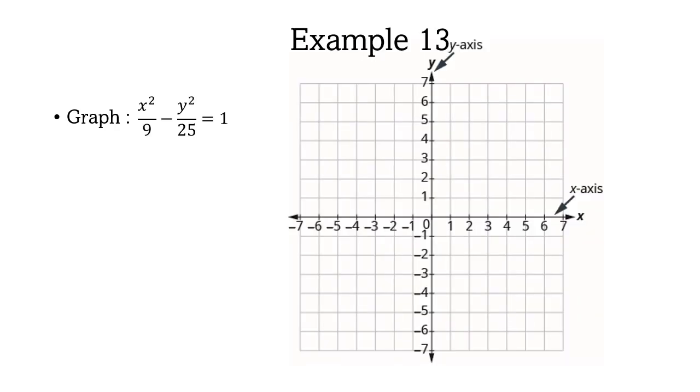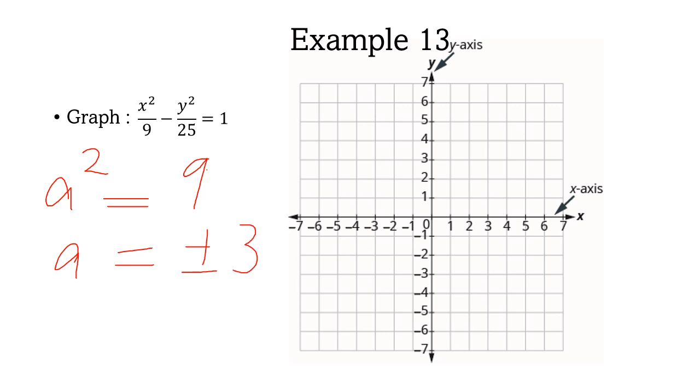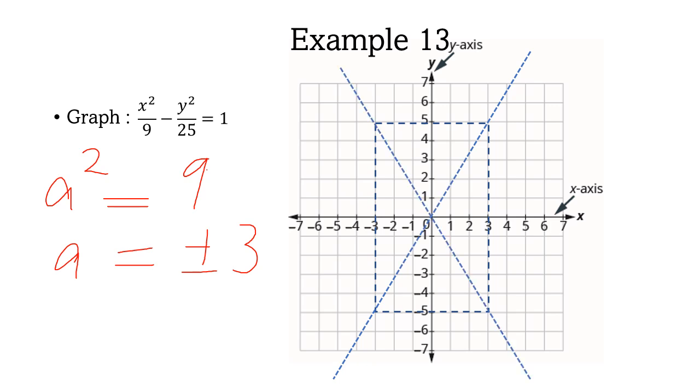Now we need to draw the following hyperbola centered at the origin. Keep in mind a squared is 9. Therefore a is plus or minus 3. So the vertices are plus or minus 3. Now we're going to draw from the origin a rectangle by going 3 units left and right and 5 units up and down. We're going to take the diagonals of this rectangle. Then keep in mind the vertices are at 3 and negative 3.